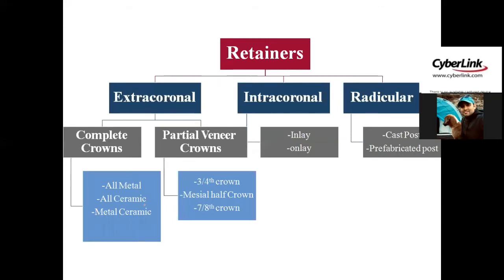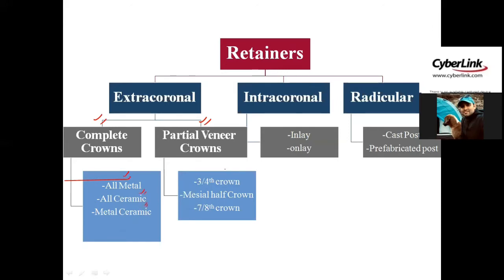So retainers are of various types. They are basically classified into extracoronal and intracoronal retainers, and the third one is radicular. Extracoronal retainers are complete crown and partial veneer crown. As I have already told you, these are basically all metal, all ceramic, metal ceramic.